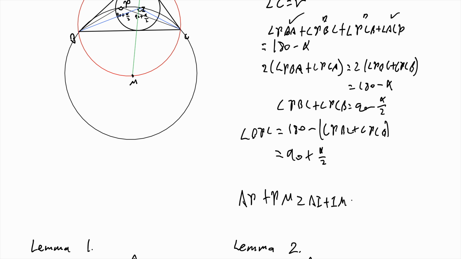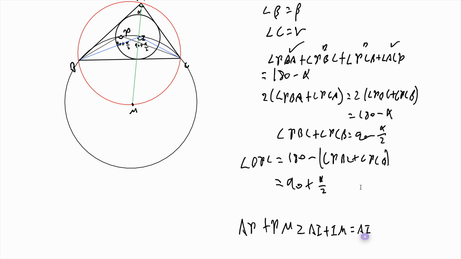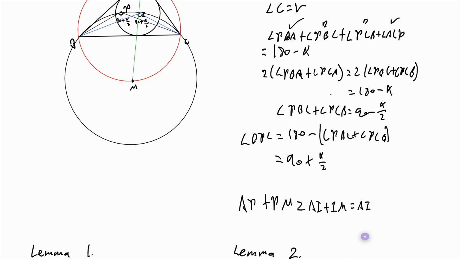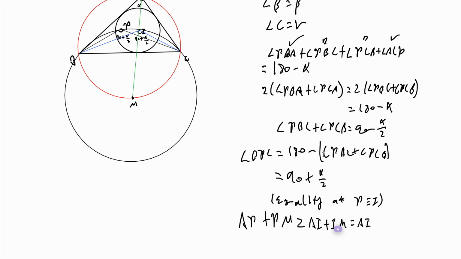Therefore, we can say that this is equal to AI plus IM. AI plus IM equals... Oh, equality. The triangle equality occurs when it's a straight line. So when P is congruent to I, that's the only way we could have a straight line, not a triangle.